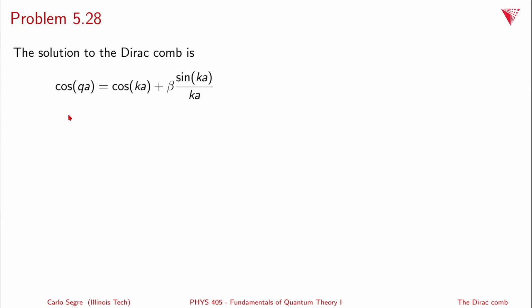So the solution, as we recall, is cosine of qa equals cosine of ka plus beta sine ka over ka. q is equal to 2 pi n over capital N a. k is equal to the square root of 2mE over h bar. And beta is m alpha a over h bar squared.